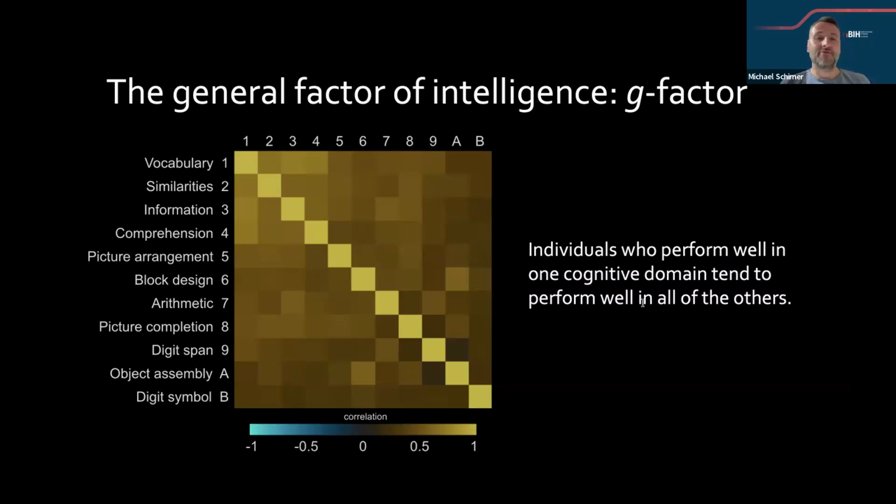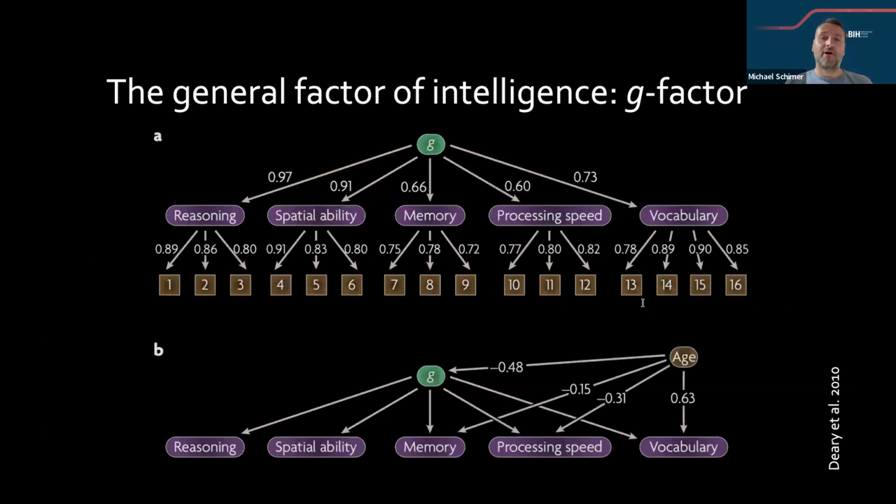So there are many different types of tests that could be made to measure cognitive ability. But the interesting outcome of these tests is that individuals who perform well in one cognitive domain tend to perform well in all of the others.